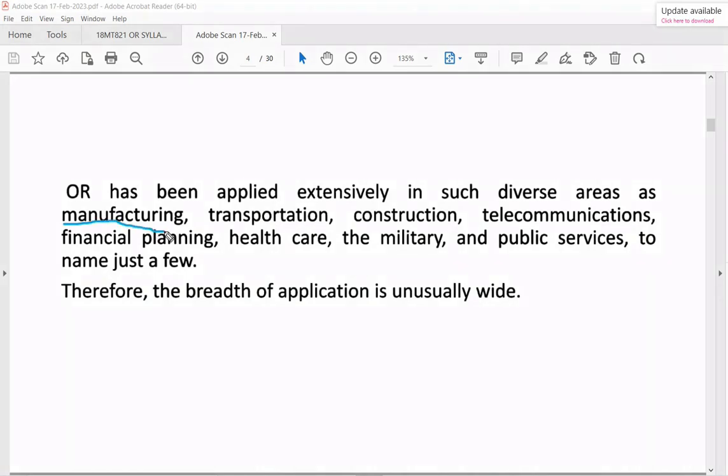Especially why manufacturing companies? Production plays the main role. That production will come out at a particular time, and it has to be taken care of in the market and sold. Then they will get profit based on the investment they made. Obviously, operation research is required in the manufacturing sector.